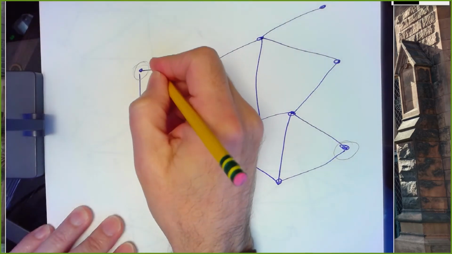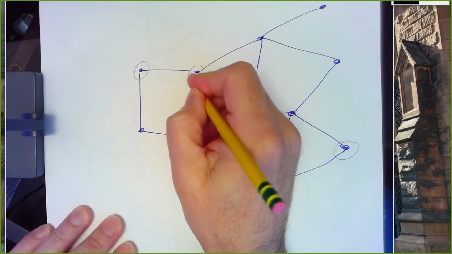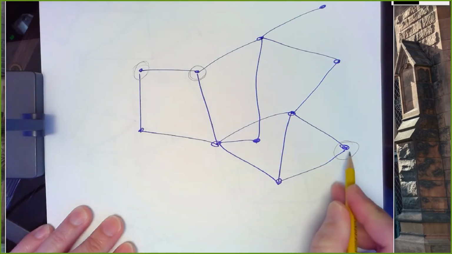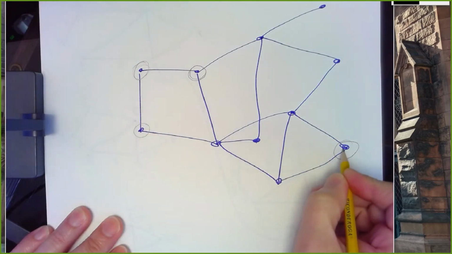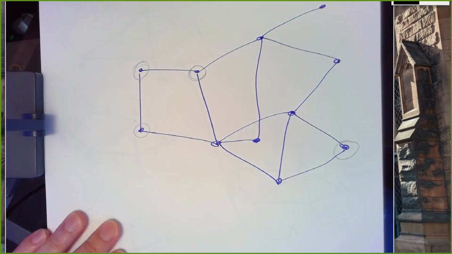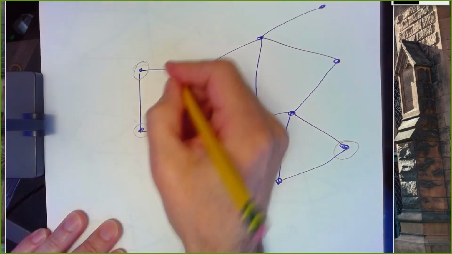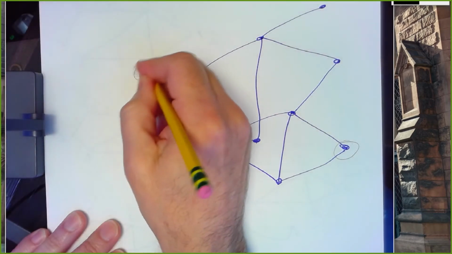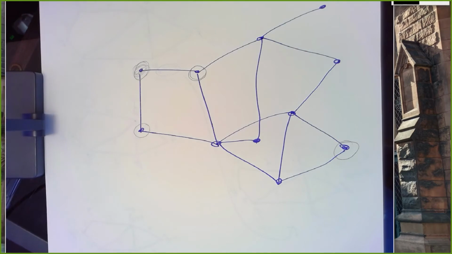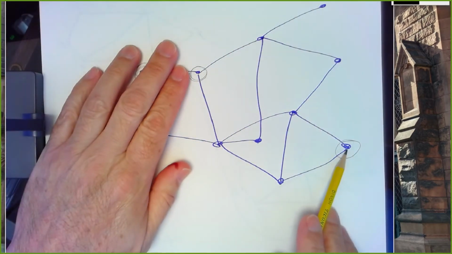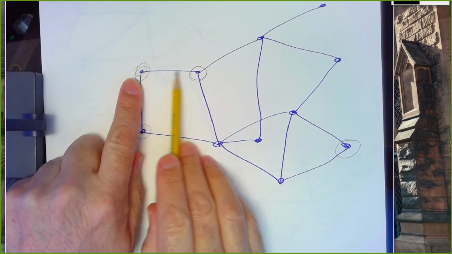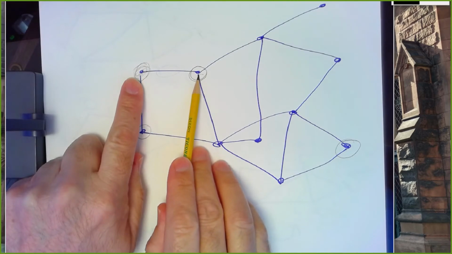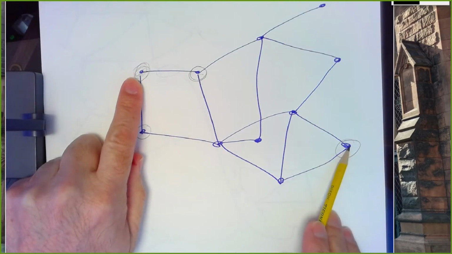So if we find the shortest path from here to our destination and the shortest path from here to our destination, whichever of those is smaller, if we add one more, we find the shortest path from this original node. And if we find a shortest path from here to the destination, our shortest path from the original node is simply, well, follow this edge to here and then do whatever that shortest path is from there to your destination.